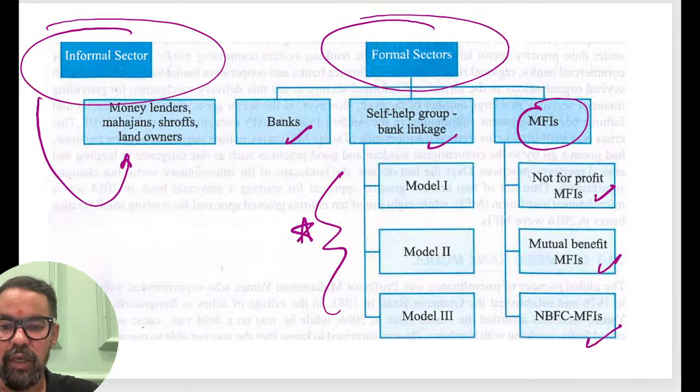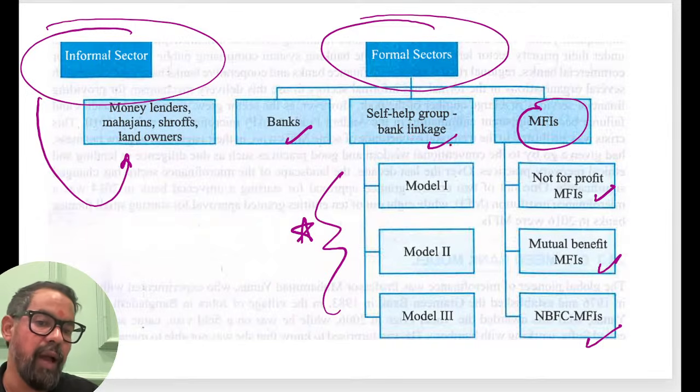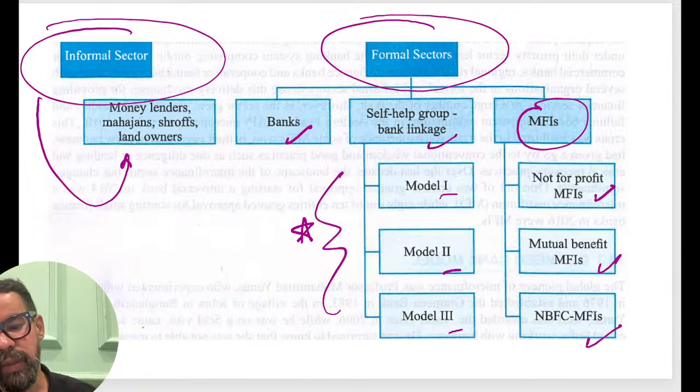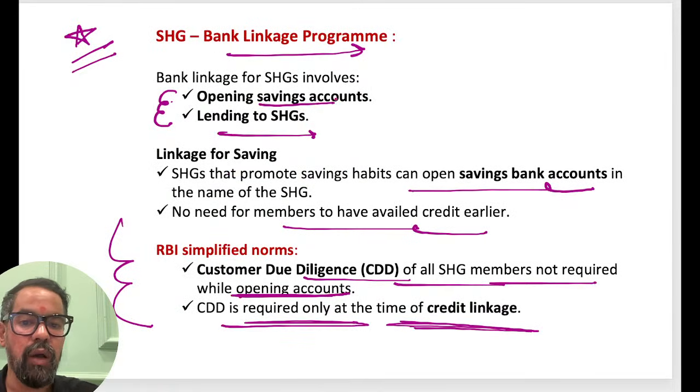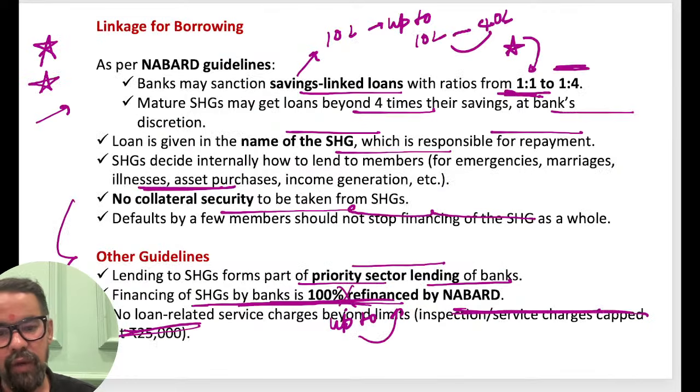Apart from this, the self-help group bank linkage program, all three models 1, 2, 3, are generally part of this. And the self-help group related areas, activities, qualification, and other areas like the linkage scheme, taking a linkage for borrowers and all.